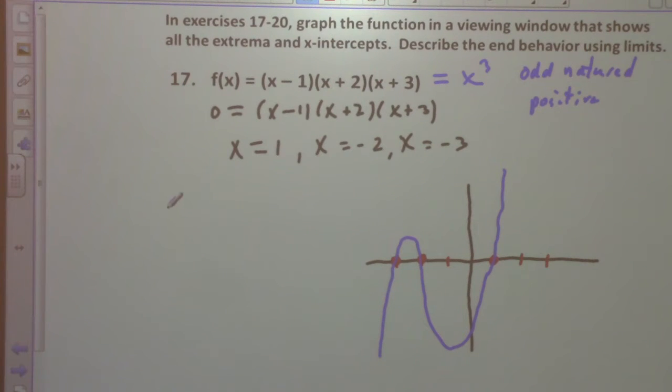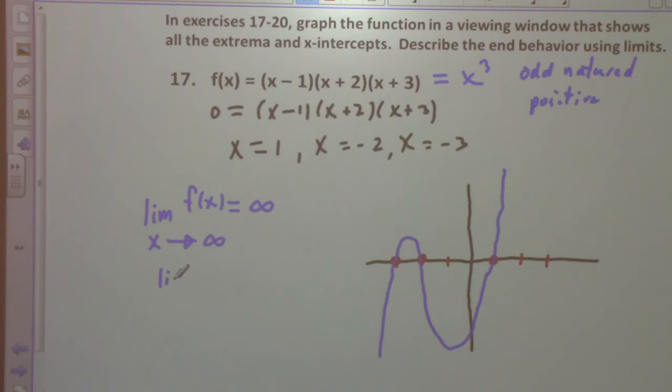And what about the end behavior? How do we talk about end behavior in this class? Well, limit as x approaches infinity of f of x. What does this equal as x approaches infinity? F of x approaches also infinity.